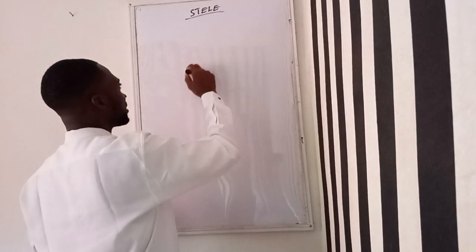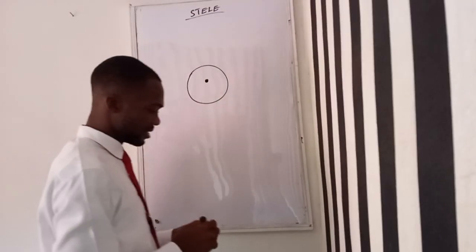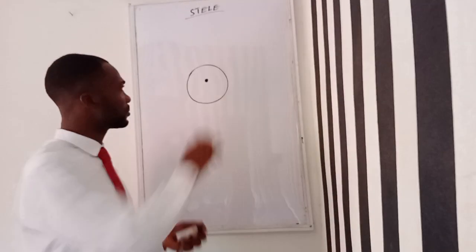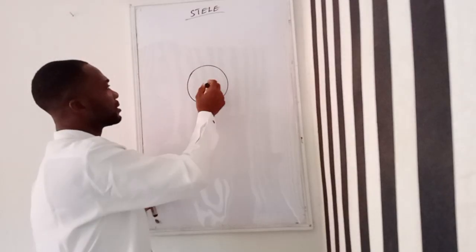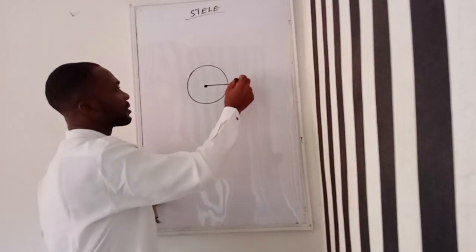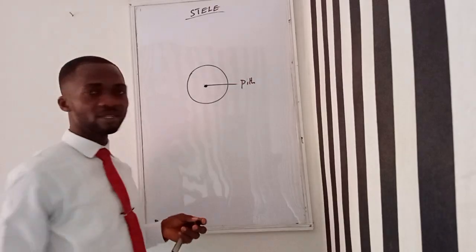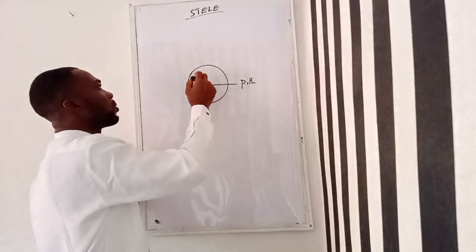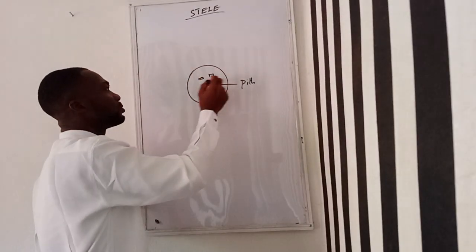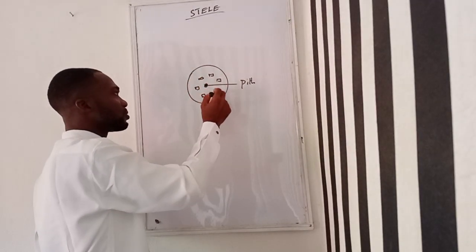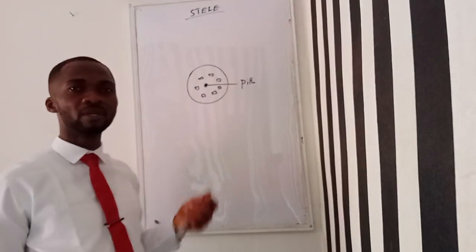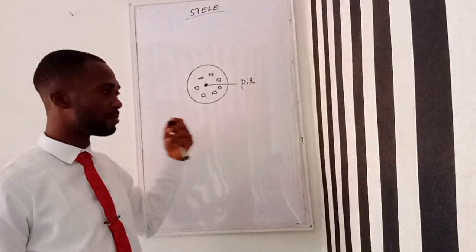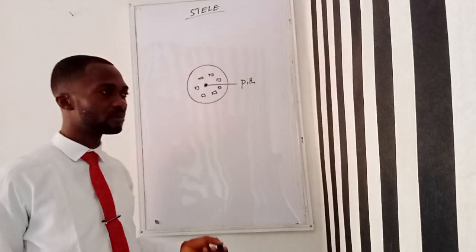In the root or the stem or the leaf of a plant, we'll have the central column, which is called the pith. Outside this central column, we'll have other associated tissues like the phloem, then the xylem. And when I say xylem, we have other types of xylem like the metaxylem and the protoxylem.